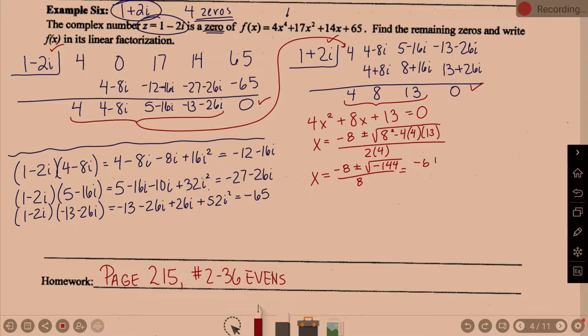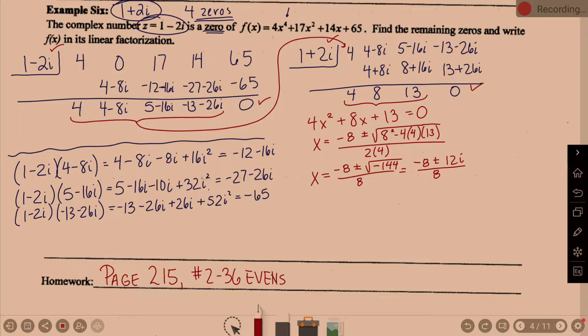Negative 8 plus or minus the square root of negative 144 is going to be 12i. So negative 8 plus or minus 12i all over 8. Obviously, I don't always simplify like that, but this one did. What do you know about 8, 12, and 8? They all divide by a factor of 4. So we can simplify this.